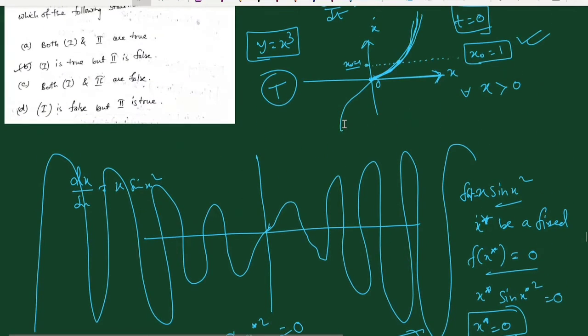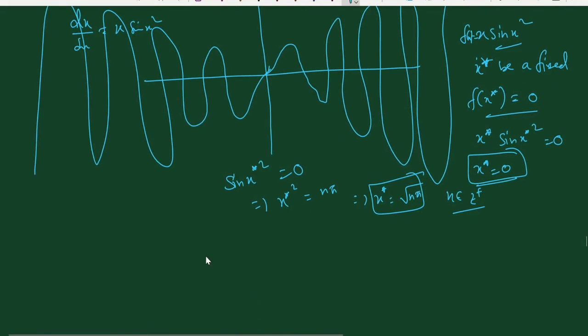So x equal to 0 is a fixed point, and these are the fixed points for positive values of n, root under nπ.